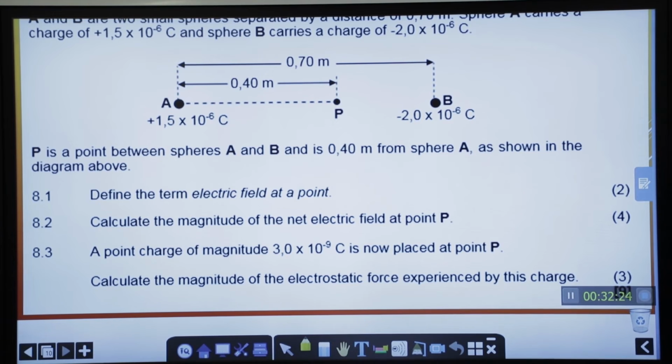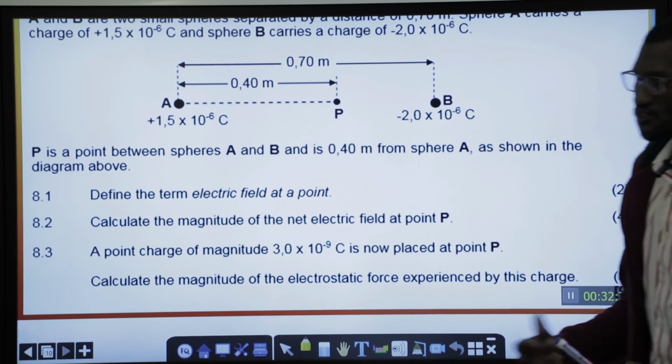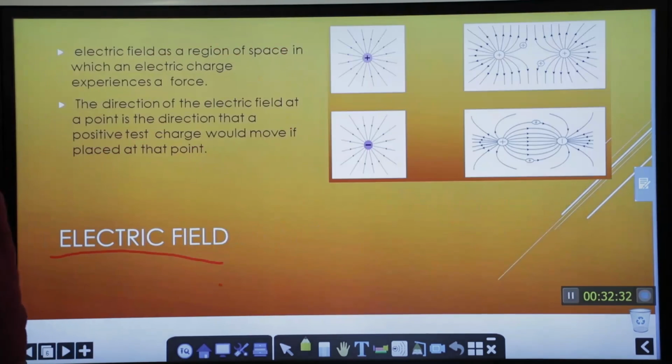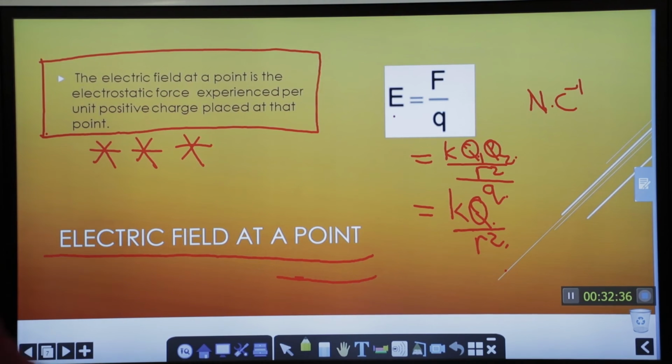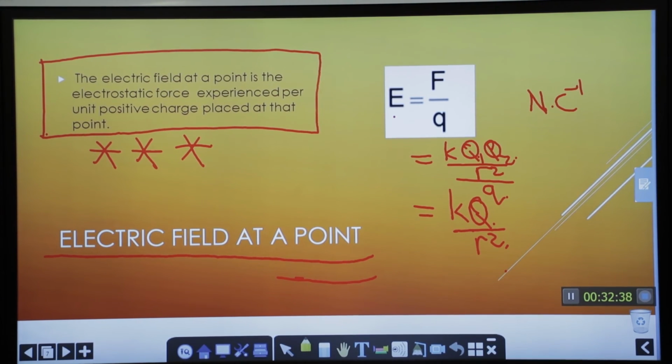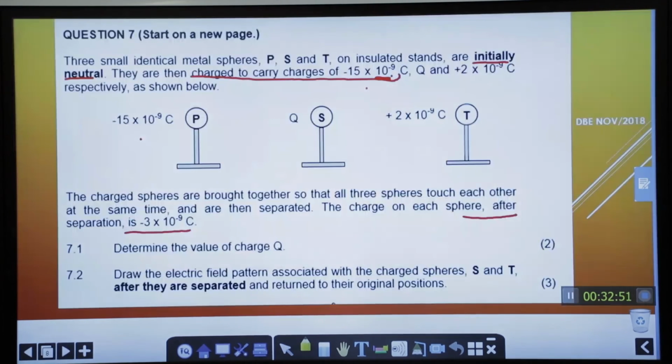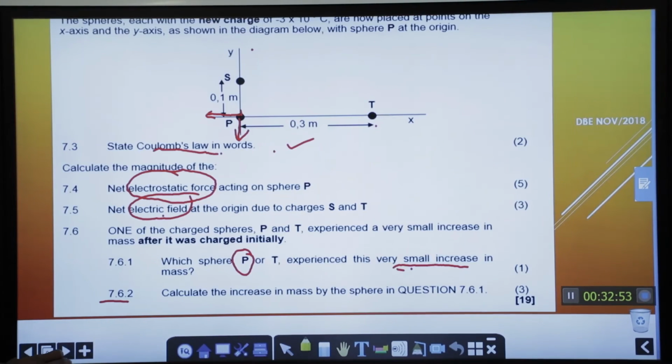8.1 says define. If a question says define something, it means that we need to have knowledge of it. All right? I remember I emphasized the definition of the electric field at a point, right? Electrostatic force experienced per unit positive charge placed at that point. That's the definition that you must have for that particular question as an answer.